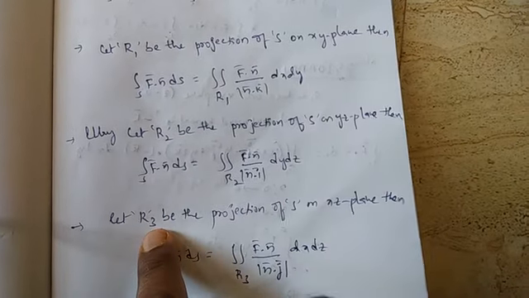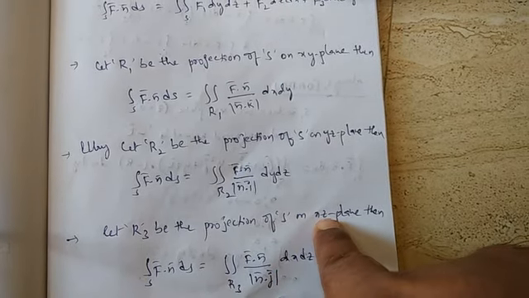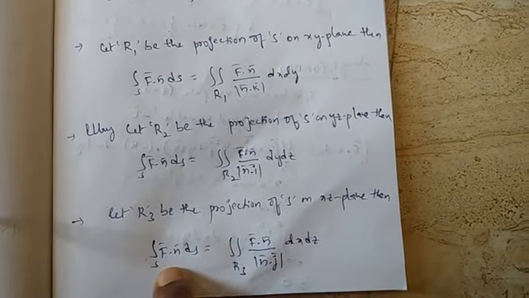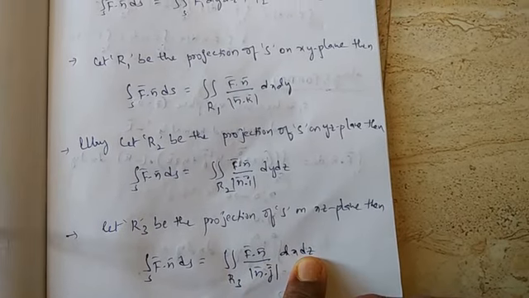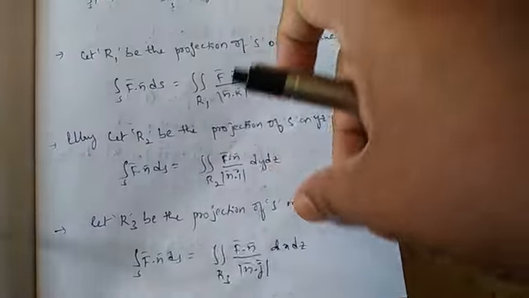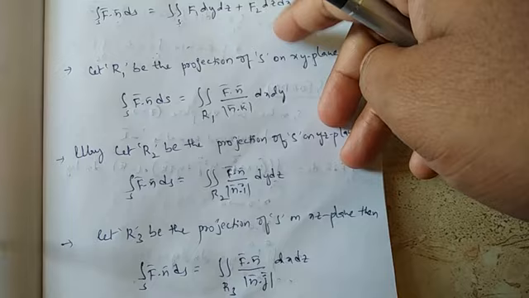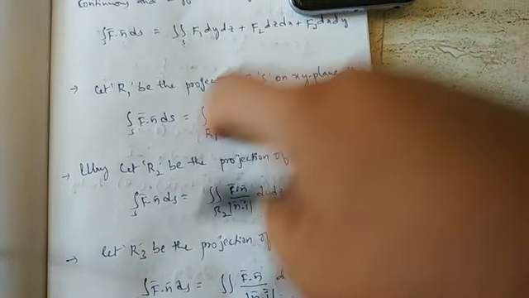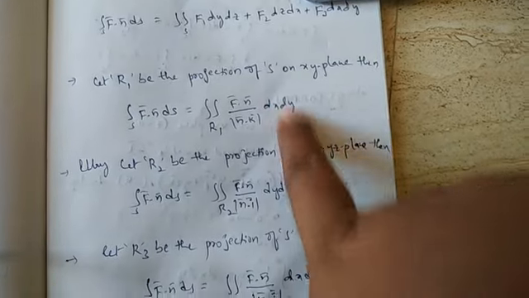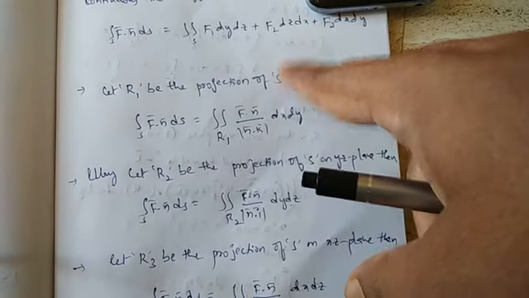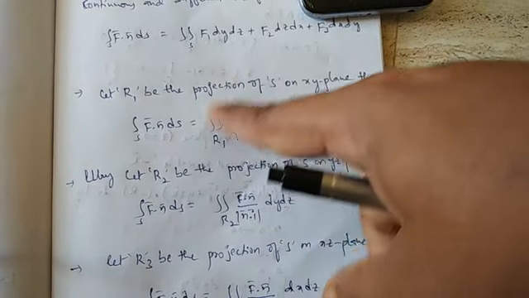Now let R3 be the projection on the xz plane. Then the integral equals the integral over R3 of F dot n by n dot j dx dz. This is the way we use projections to get the surface integral when surfaces do not belong or run parallel to any coordinate plane.